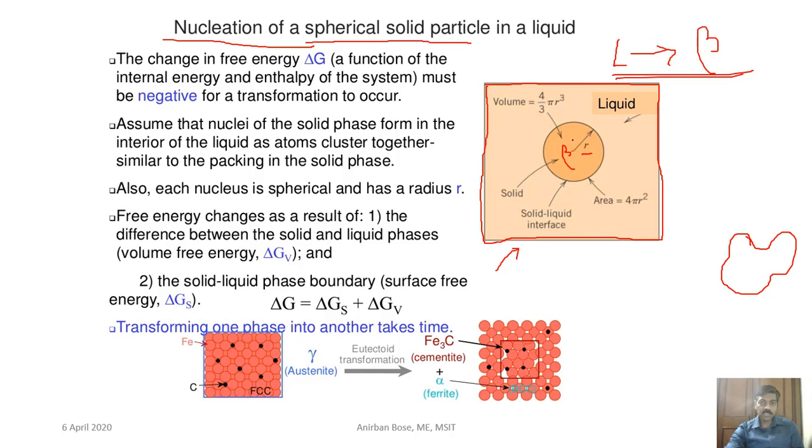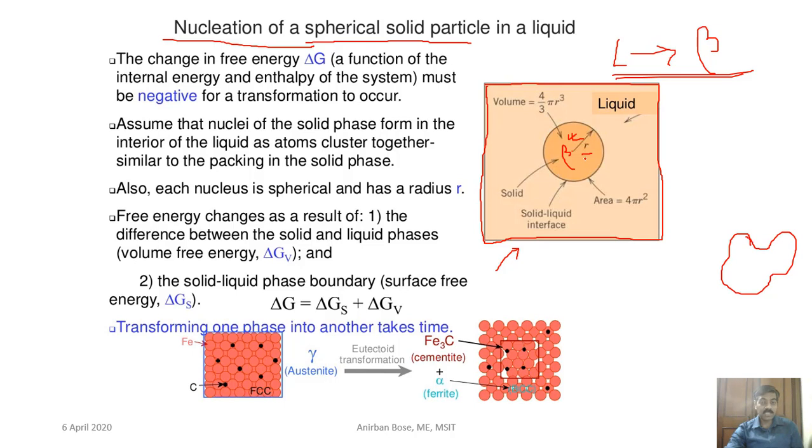Now because of the formation of this solid, of the second phase particle, tell me what are the changes that have occurred. So first of all, this solid in terms of energy: initially corresponding to this volume liquid was there, but now corresponding to this volume solid is there.